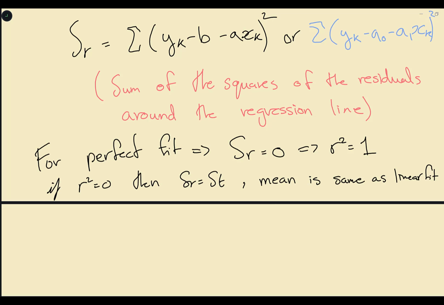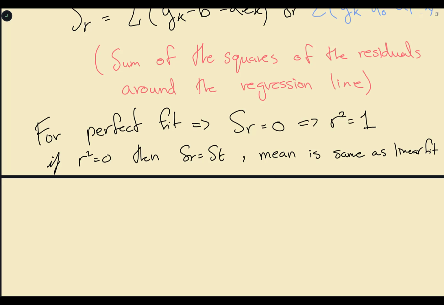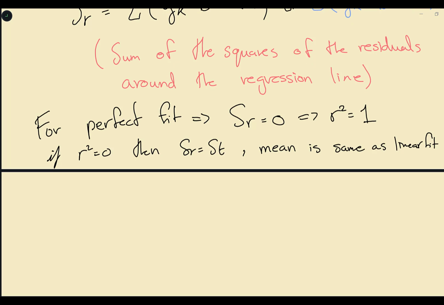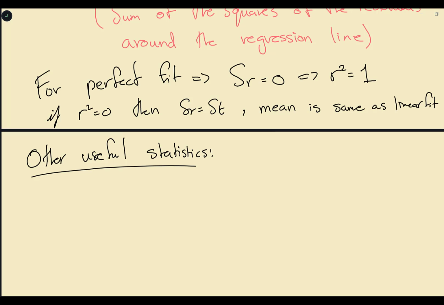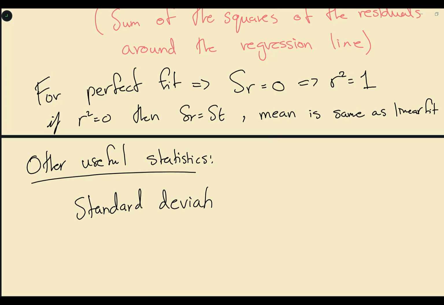Other useful statistical values are the standard deviation of the points that we have, the variance, and the coefficient of variation. So let's write all these down as well. The first one is the standard deviation, which is the square root of St divided by n minus 1.